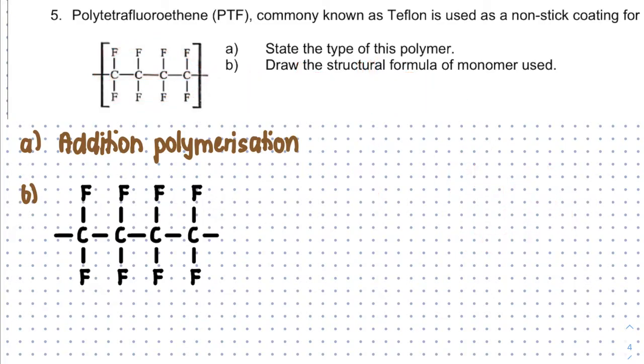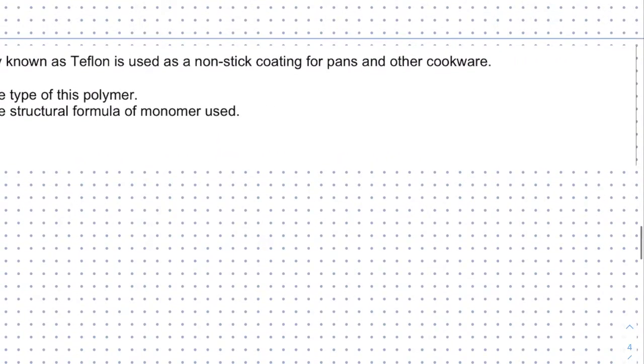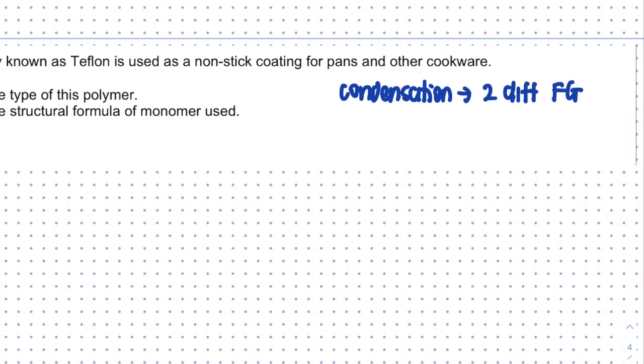Kalau condensation, so I'm just going to write down at the end here. Kalau condensation, it must involve two different functional group. Okay, so it means that kalau addition, addition maknanya memang ada satu sajalah functional group kita. Okay, one functional group.